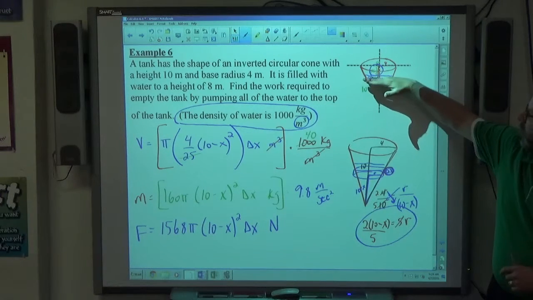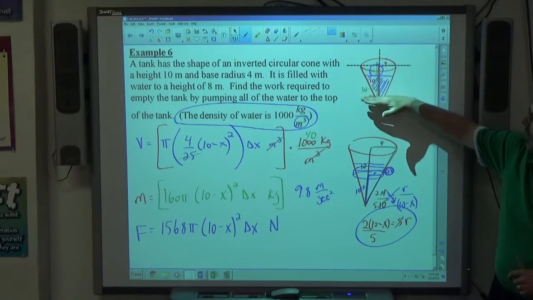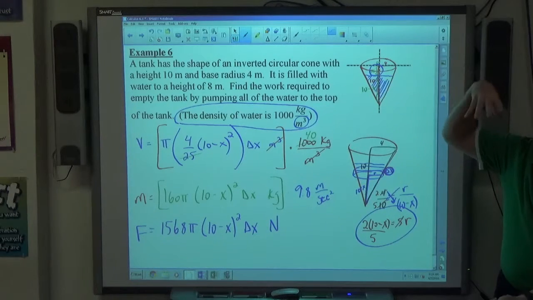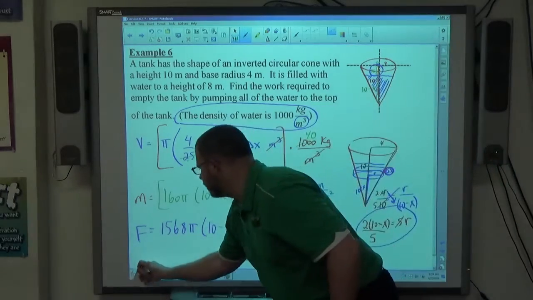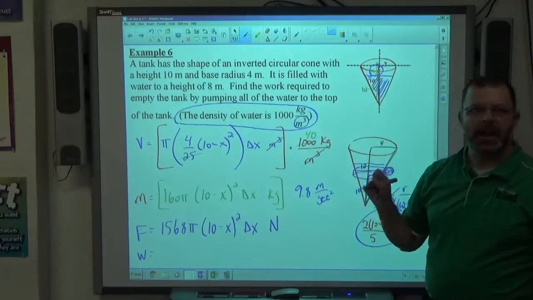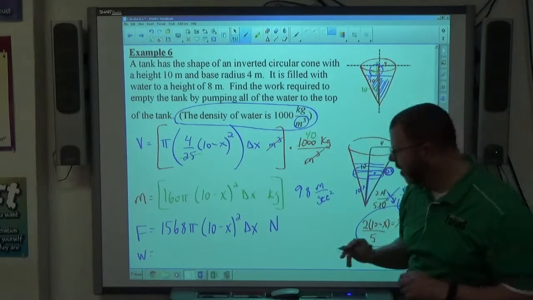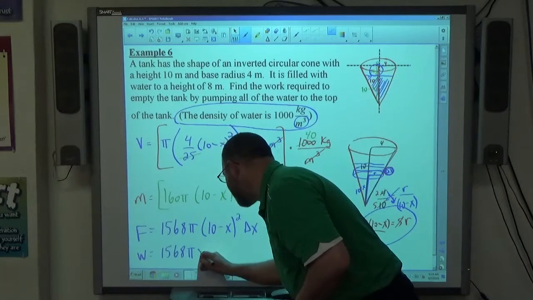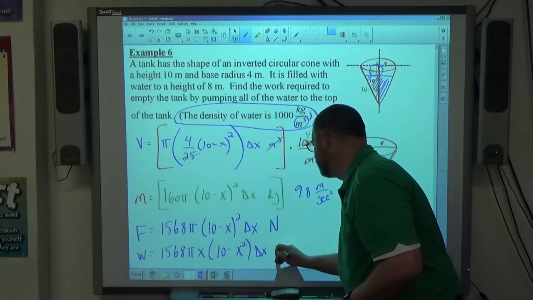So if I'm here, x is 2. If I'm here, x is 5. If I'm here, x is 8. So as the water moves, x is getting bigger, but it's moving x units. So the work in this case is simply going to be all this stuff times x meters. Newton meters is joules, right? So we're going to get 1,568 pi x times 10 minus x squared delta x joules.